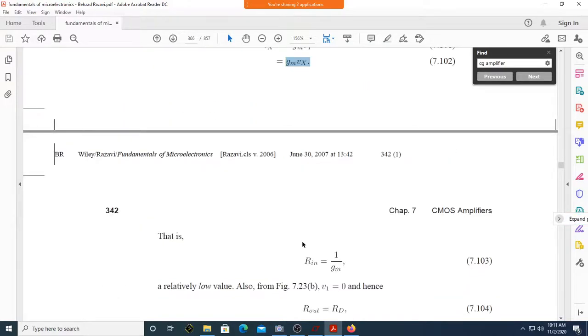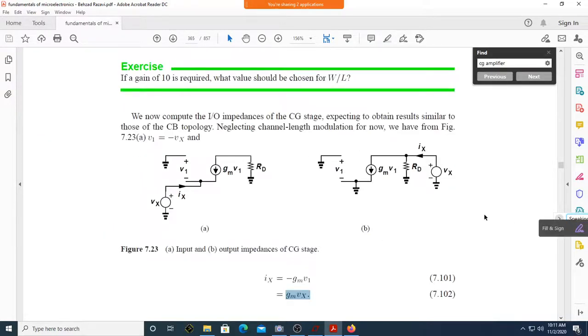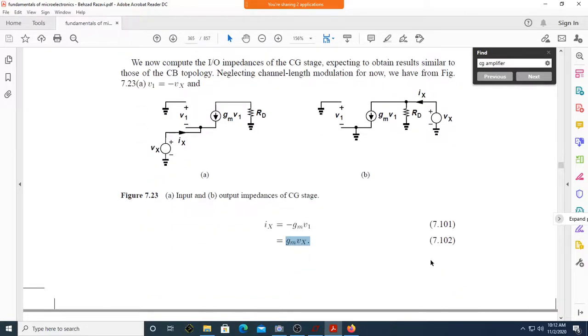Similarly, what is the output impedance? What is the procedure for finding the output impedance?